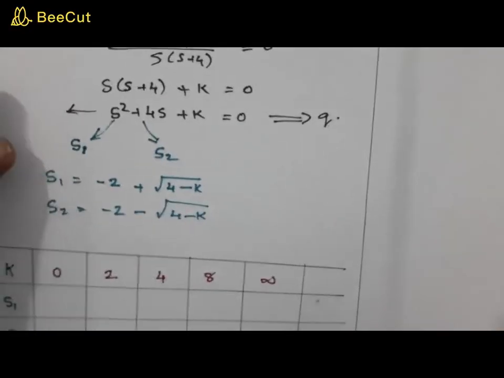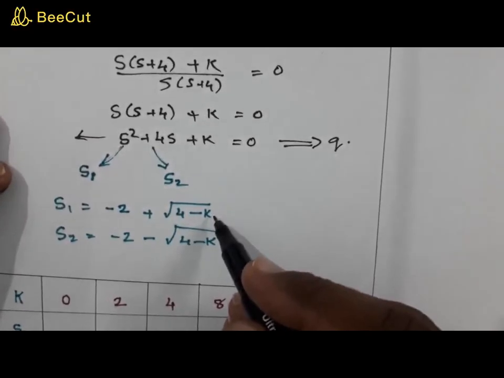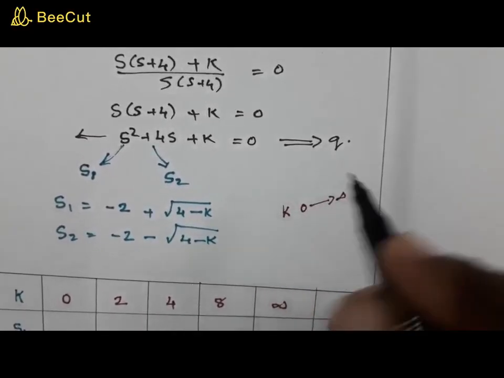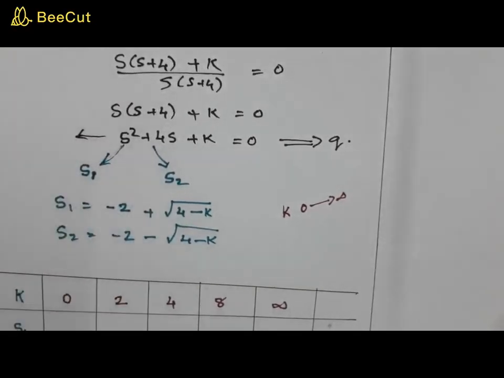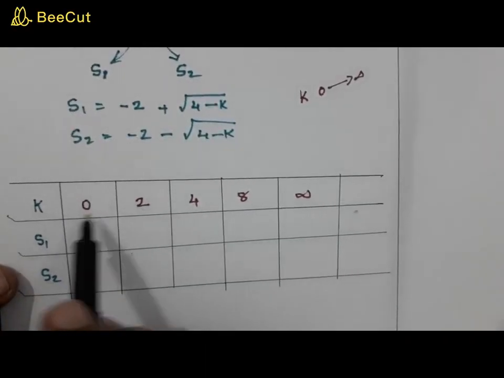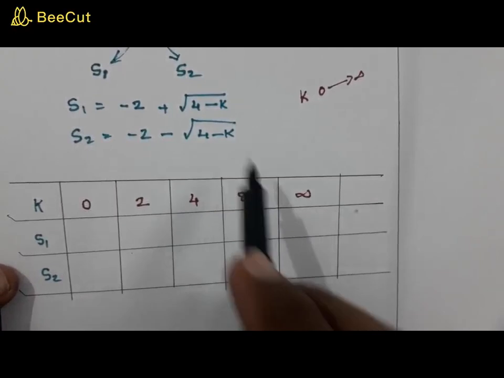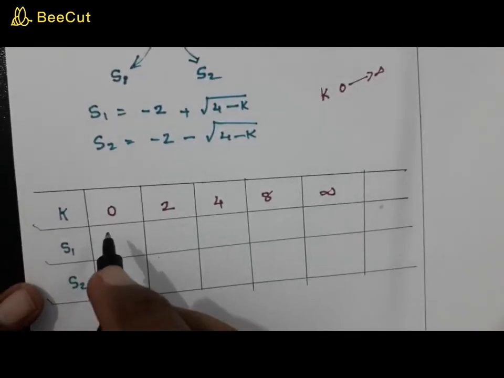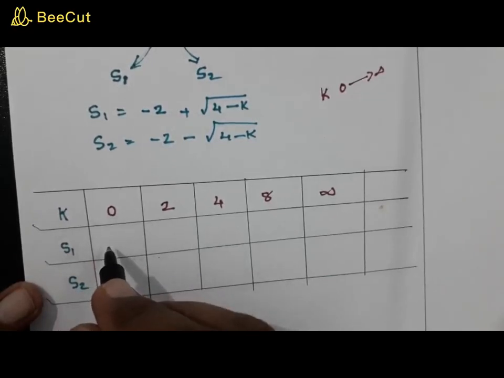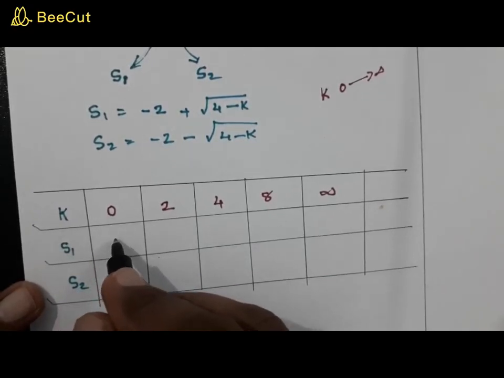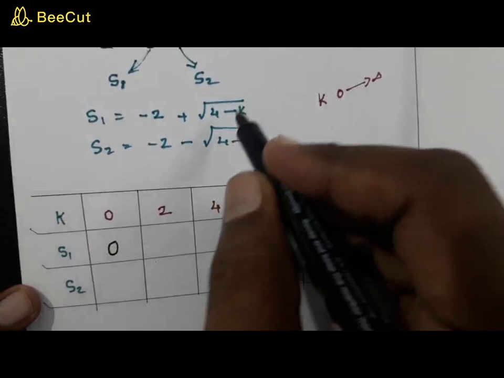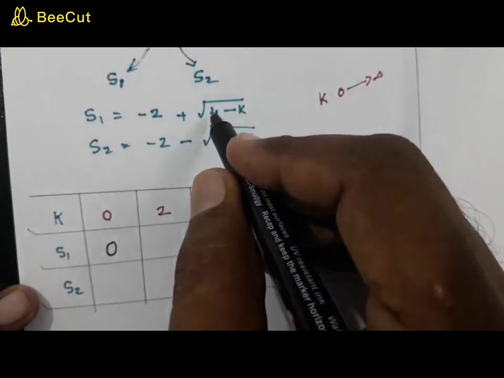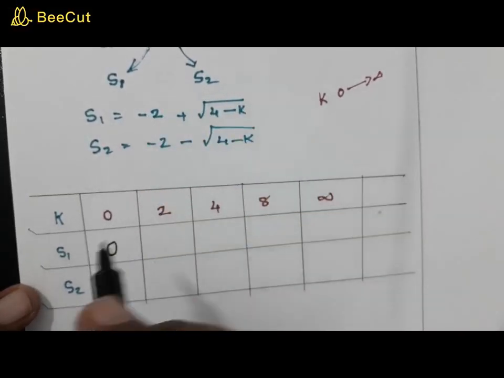Okay, now we have these two roots in terms of k. As I told you, your k can vary from 0 to infinity. Using that, I have selected some k values: 0, 2, 4 and 8. Substituting these k's, when you substitute k is equal to 0, s1 is 2 plus 2 minus 2, which is 0.